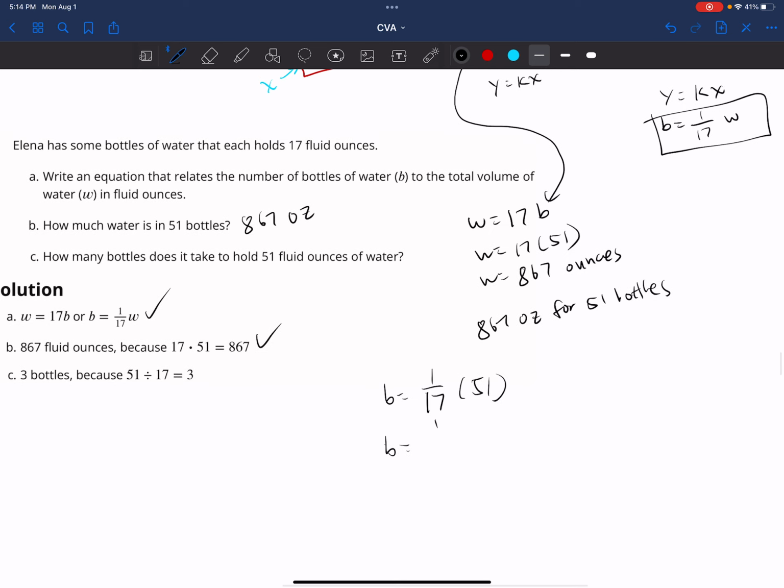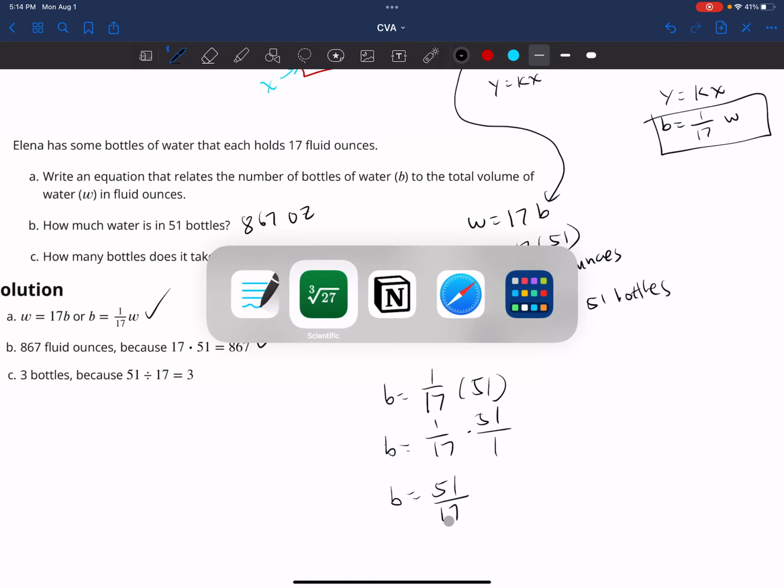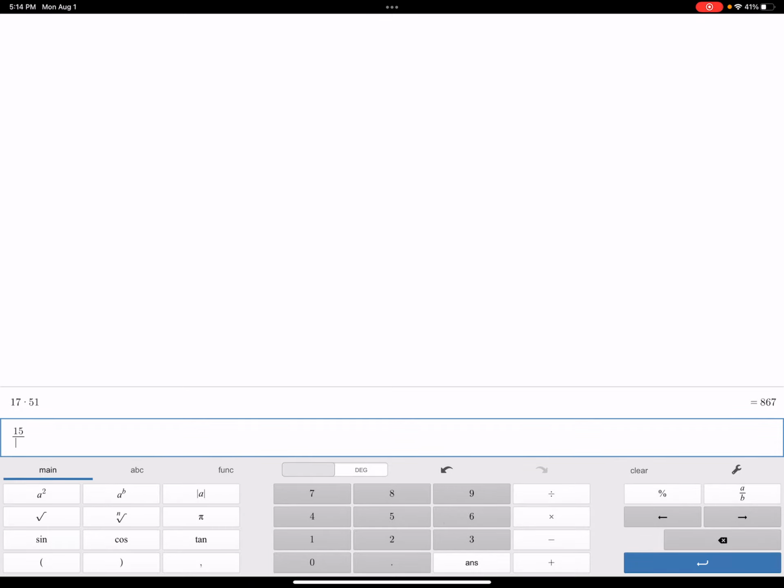So 1 over 17 times 51 over 1, because any whole number can be made into a fraction. So B is equal to 1 times 51, which is 51, over 17 times 1, which is 17. And 51 divided by 17 is 3.